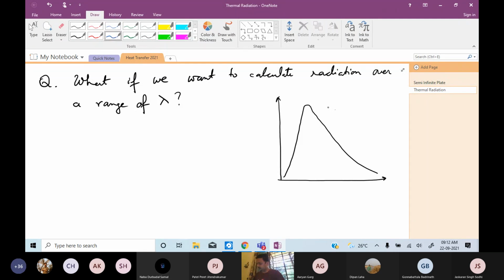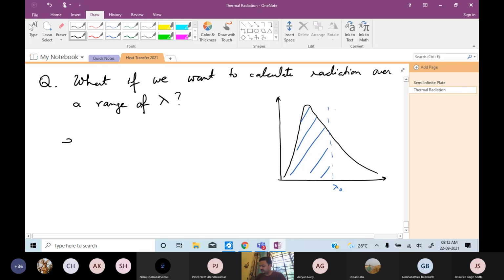Somebody asked me, no, I just want it till here. Which means I need to calculate this area. So how do I do this?